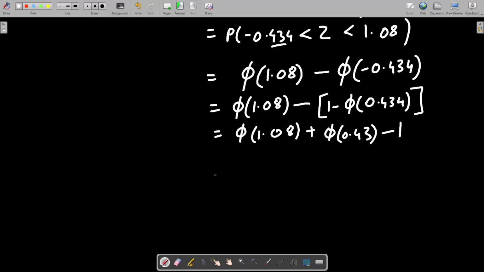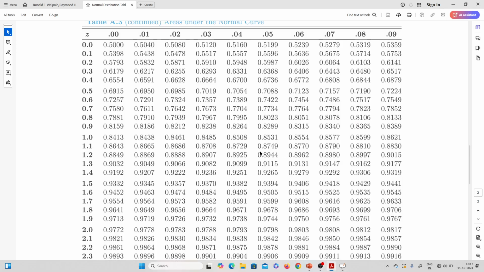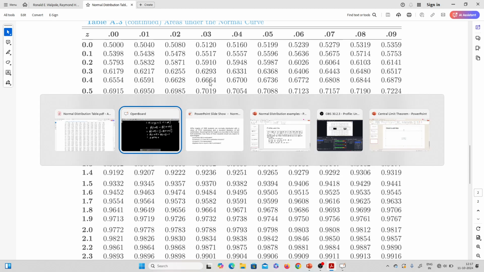So this is going to be equal to 0.8599 plus 0.43. So 0.4 over here and 3 over here. So 0.6664.